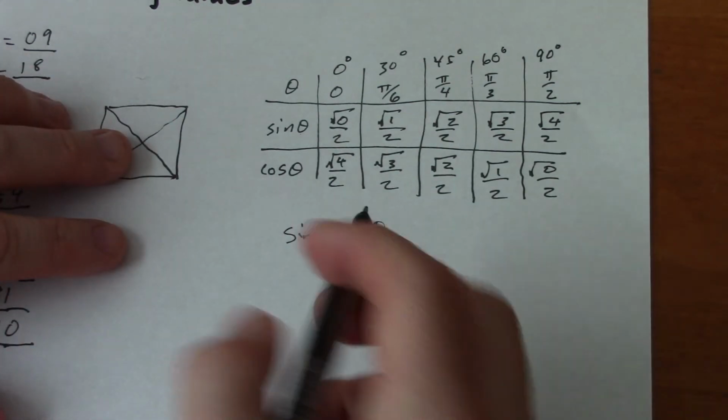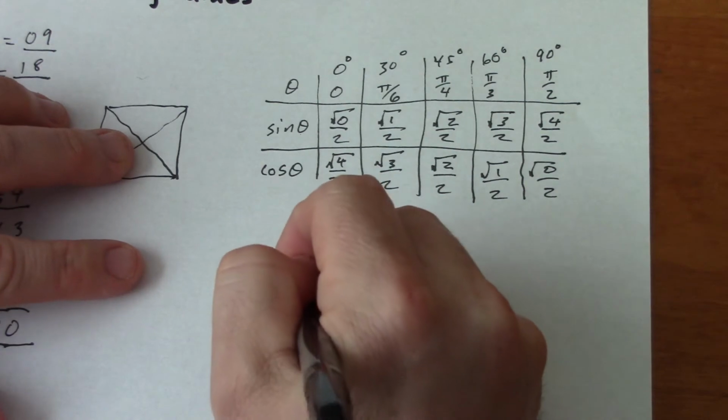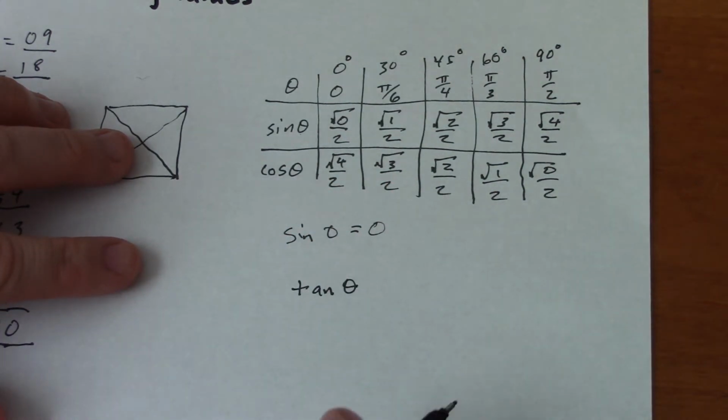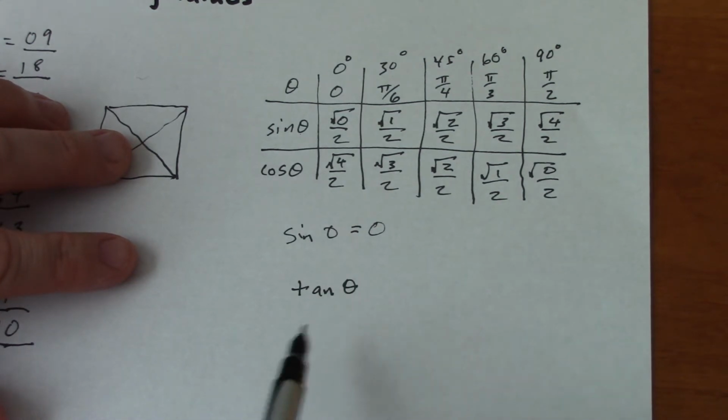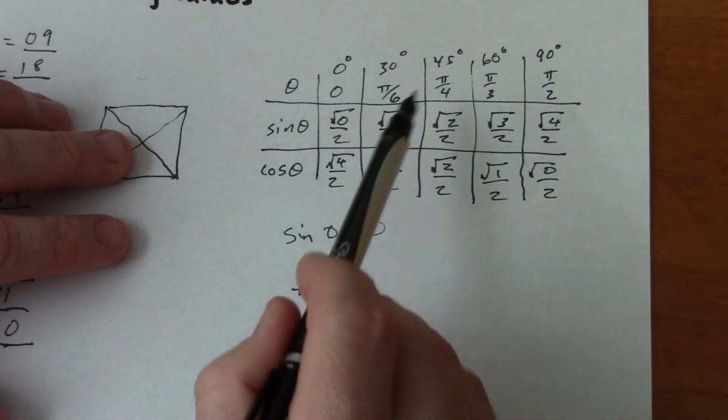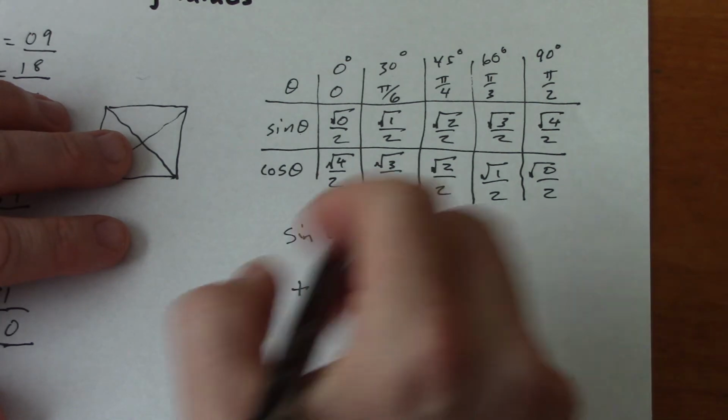And the only other trig values I can help you with here, tangent, sometimes things you need to know. So tangent of pi over 4 is 1. But the two angles in question with tangent that tend to bother people are pi over 6 and pi over 3.